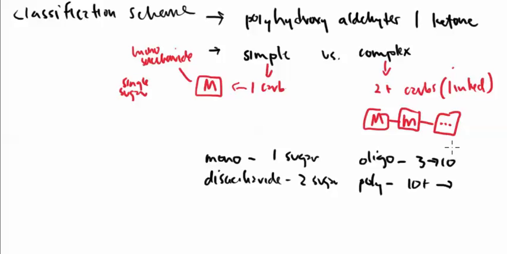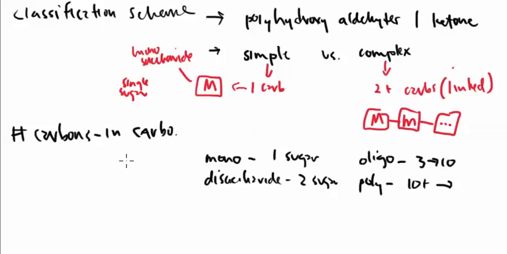All right. Now finally, the new classification scheme that we haven't talked about yet deals with the number of carbons. So we can actually go and look at the number of carbons in a carbohydrate. And we can classify these carbohydrates based on the number of carbons that they have.